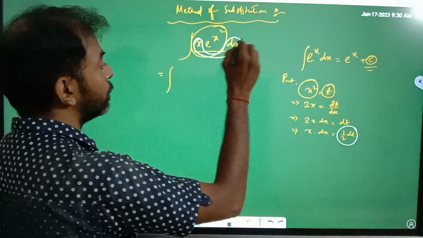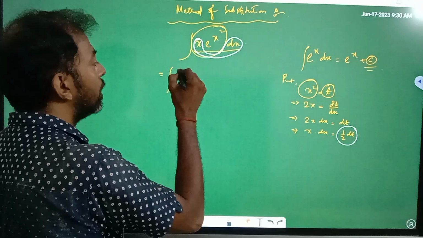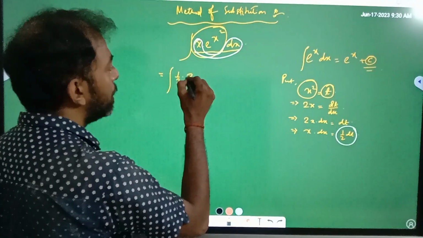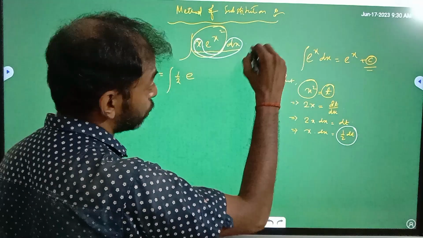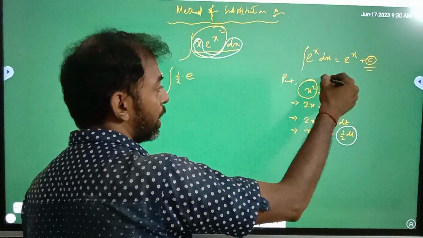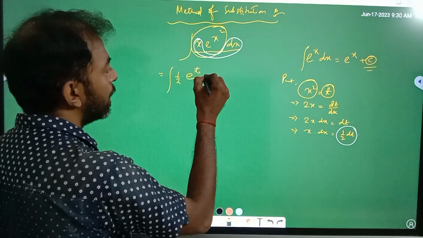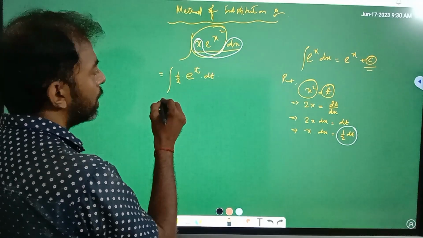If we replace x dx by half into dt, then the integral becomes half into e to the power t, since we considered x squared equal to t, into dt.